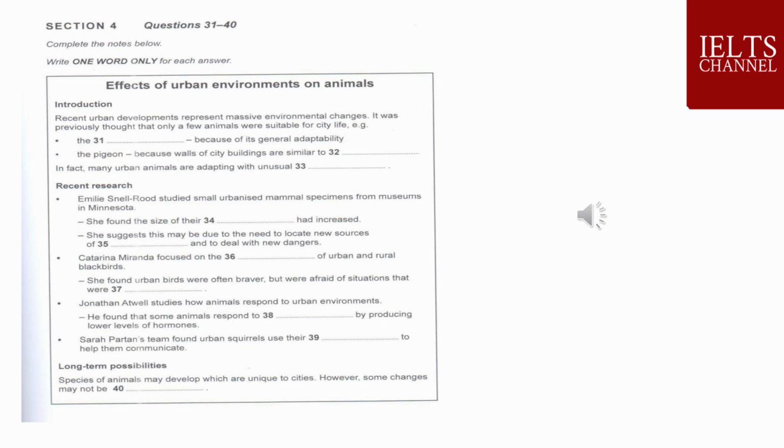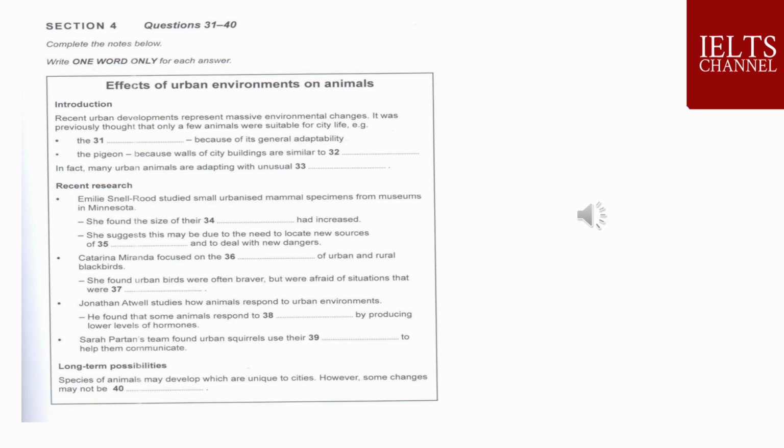And she found that during that time, these small mammals had experienced a jump in brain size when compared to rural mammals. Now, we can't be sure this means they're more intelligent, but since the sizes of other parts of the body didn't change, it does suggest that something cognitive was going on. And Snellrud thinks that this change might reflect the cognitive demands of adjusting to city life, having to look in different places to find food, for example, and coping with a whole new set of dangers.